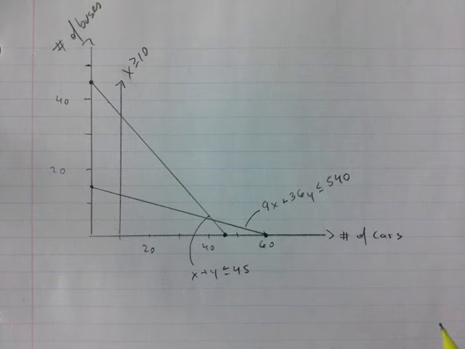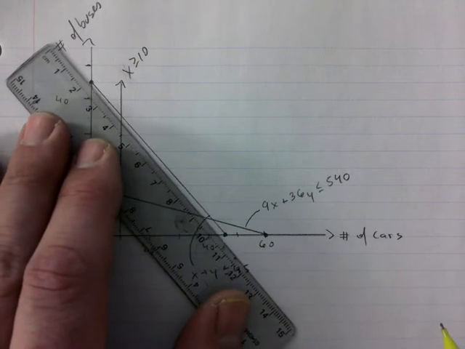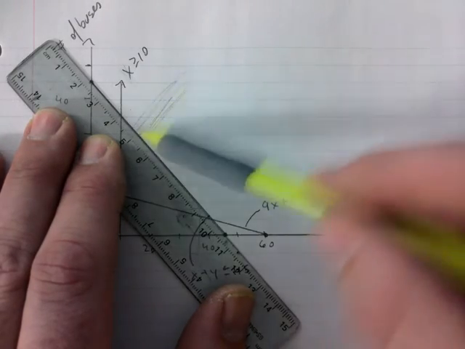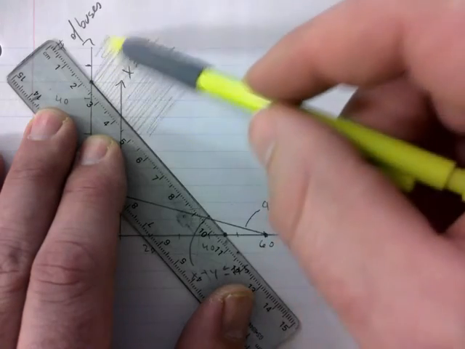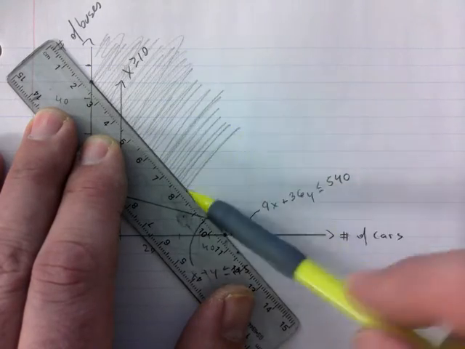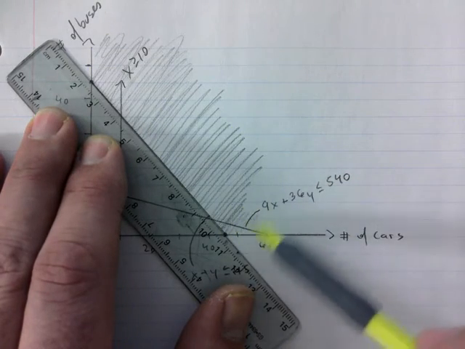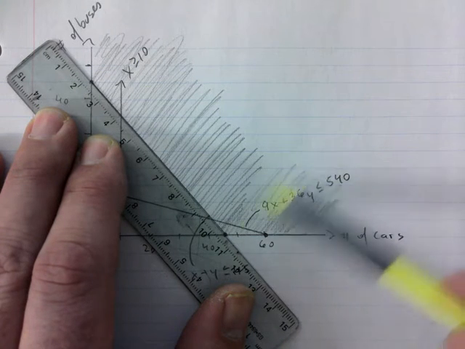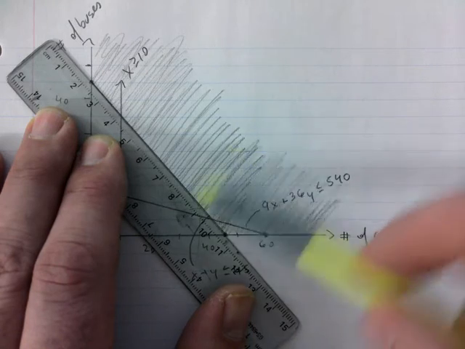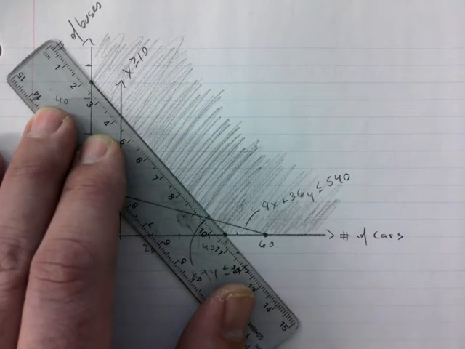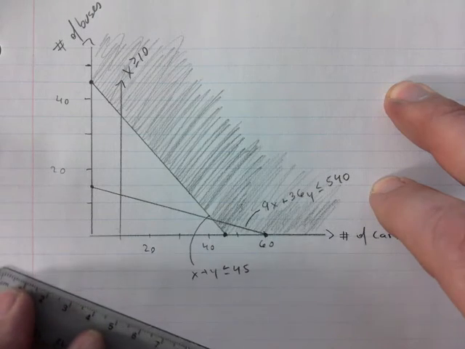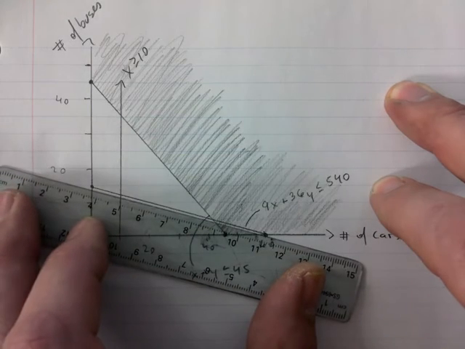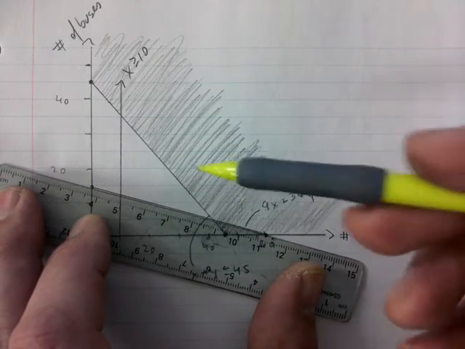So I'm looking at this one, the 45, right, is above. So we're going to shade that. So just make sure, in this case, it didn't talk specifically to buses, right? It didn't say it can have this many buses. So nothing there, okay? The other line is also shading above. So I take this line and I shade above.